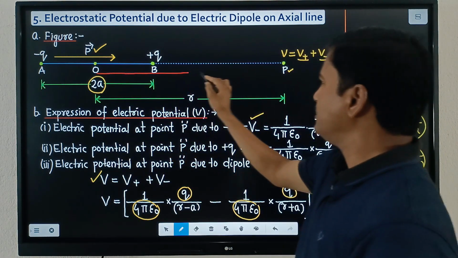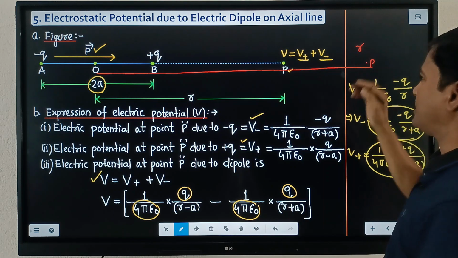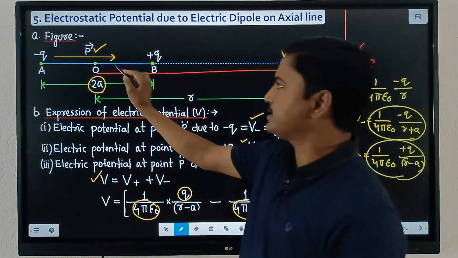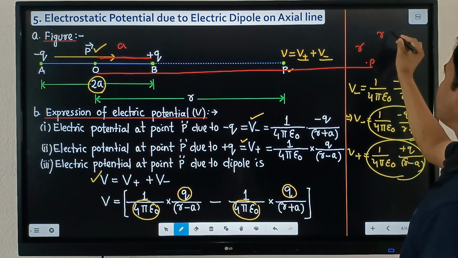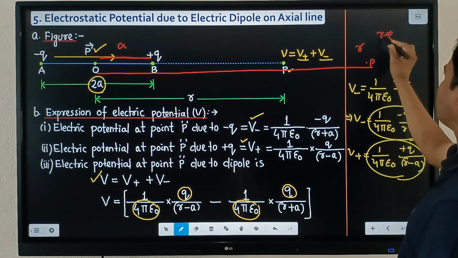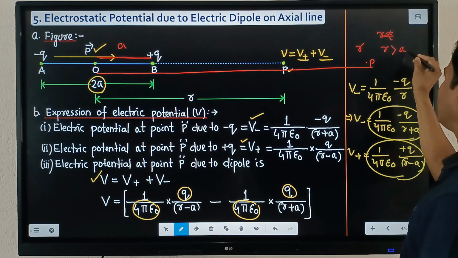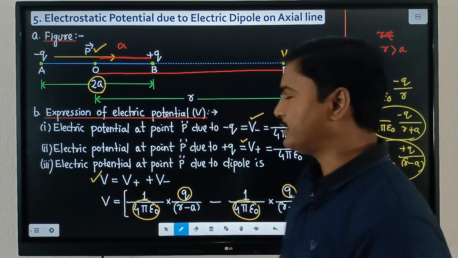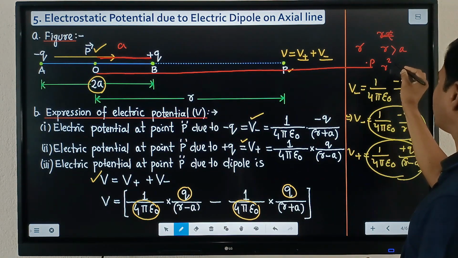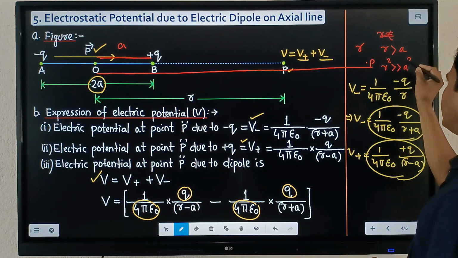From O to P, this distance we write as r. This distance is equal to a. That means r is very much greater than a. If r is greater than a, we write r square is very much greater than a square.